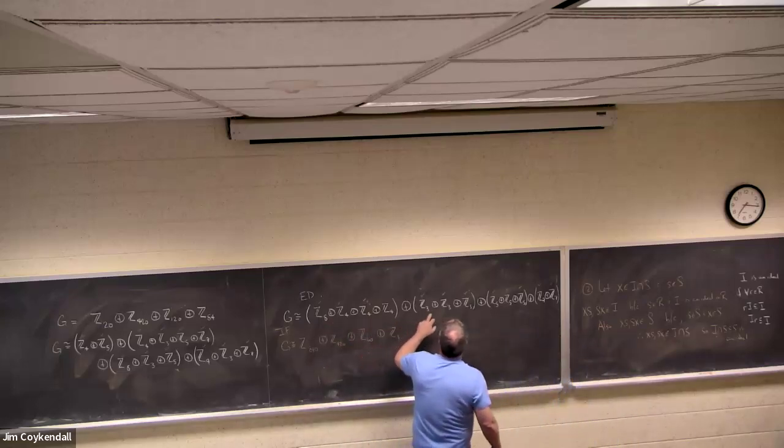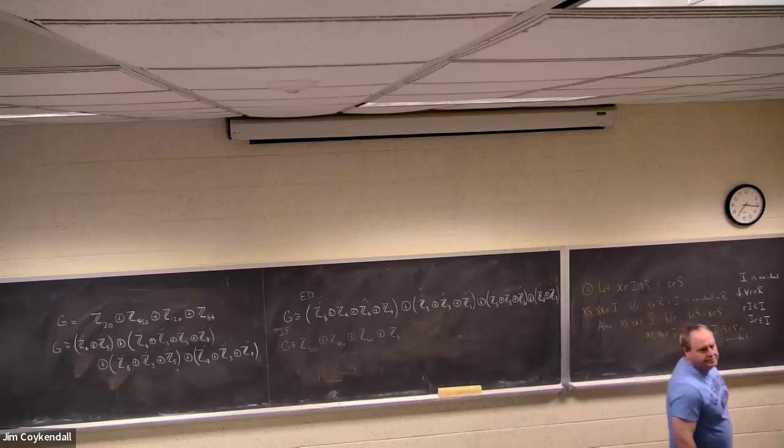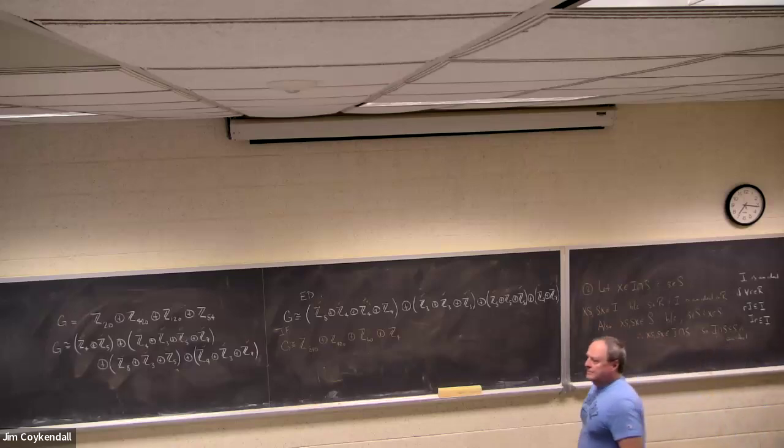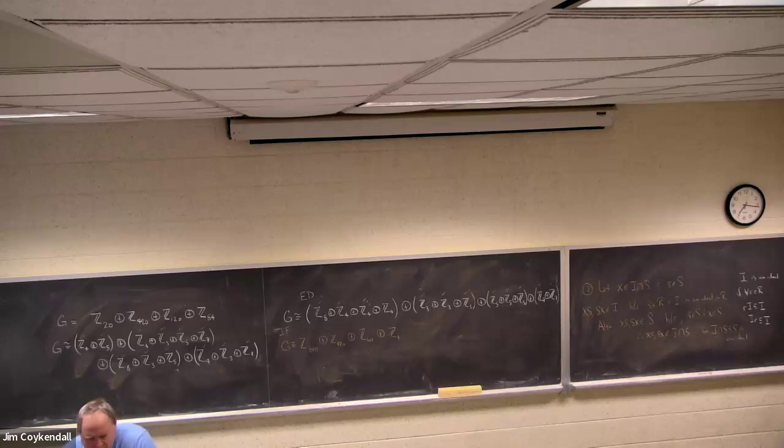The elementary divisors are 8, 4, 4, 4, 3, 3, 3, 5, 5, 5, 7, 7. Other questions?